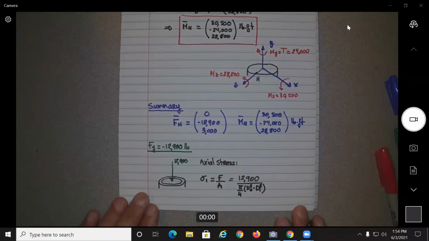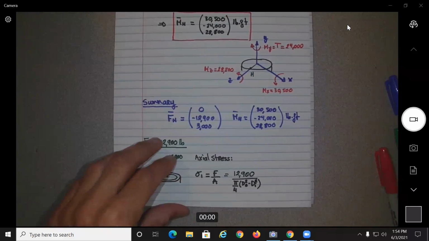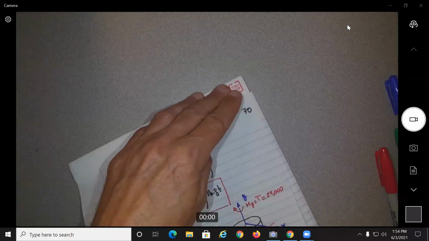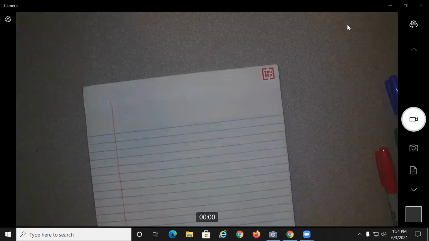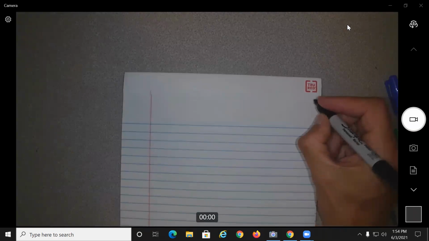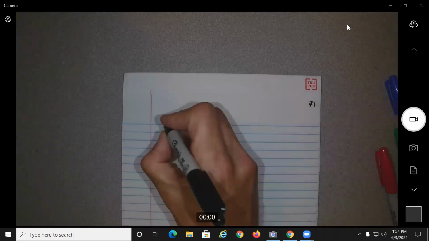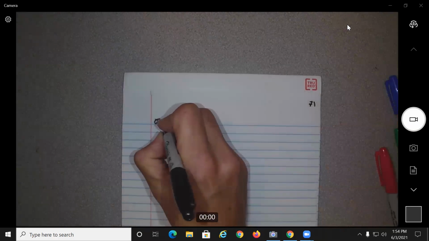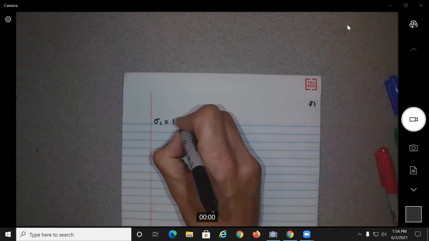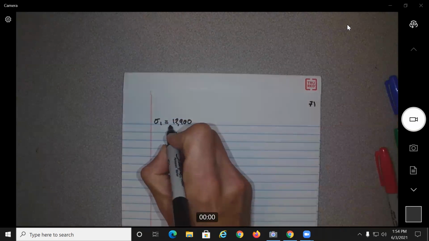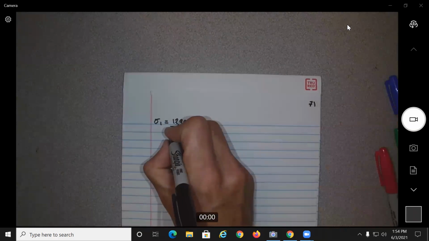So if you want, let's go to the next page and put the values. Page 71, we're going to get sigma 1 equal to 12,900 divided by pi over 4.